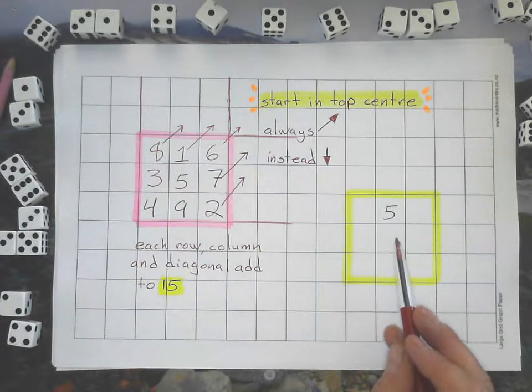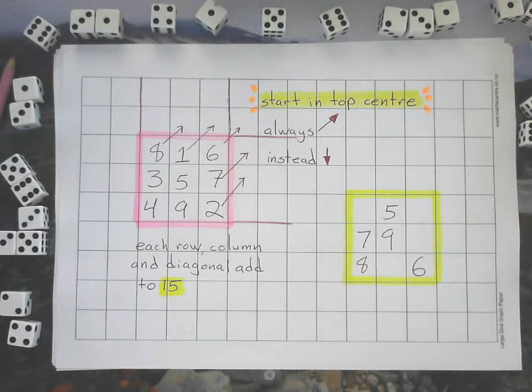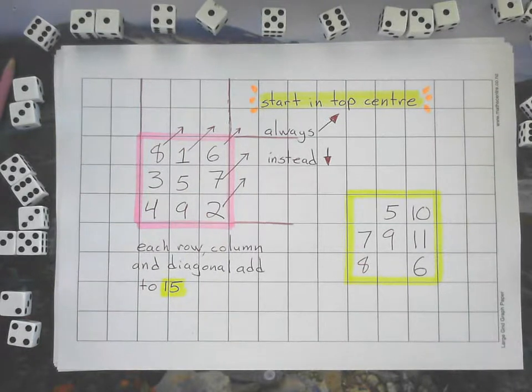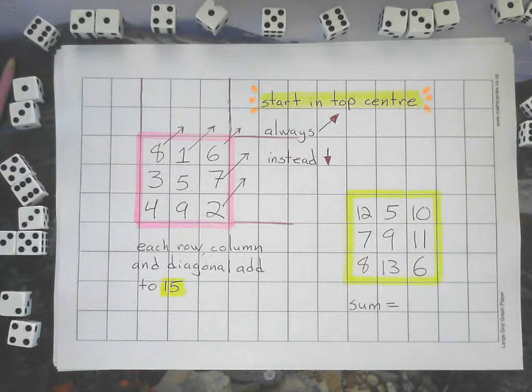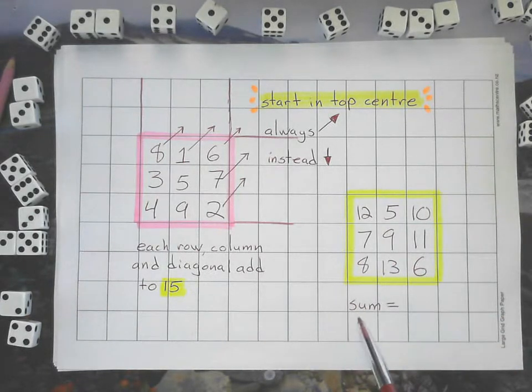So go ahead and do that now. Okay, so if you did it correctly, it should look like this, where each row, column, and diagonal sum to, I think we should get 27.